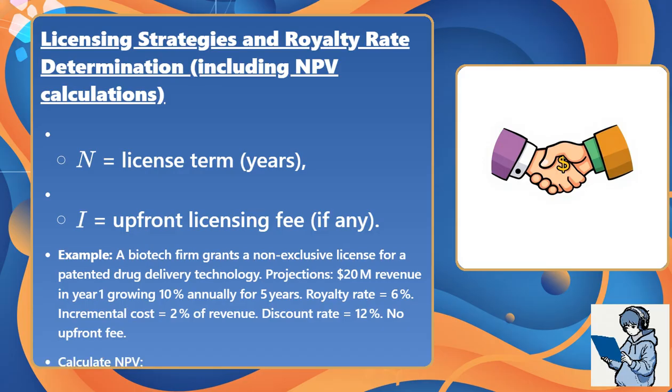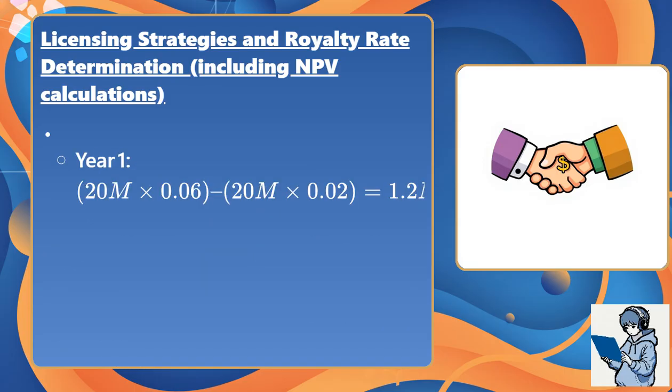Calculate NPV. Year 1: (20 million times 0.06) minus (20 million times 0.02) equals 1.2 million minus 0.4 million equals 0.8 million.